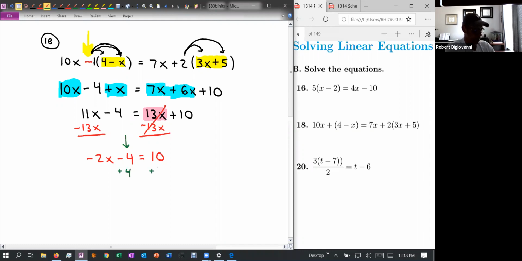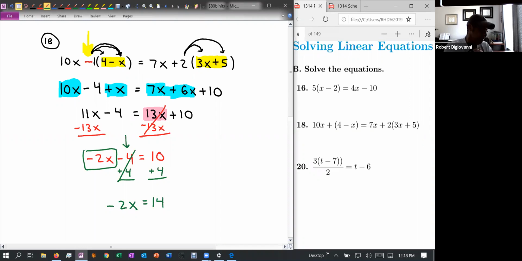What we do to one side, we do the other, right? The whole idea here is to try and eliminate everything that's on the left-hand side so that all we're left with is the stuff that had x. What's still on my right-hand side? Just add those, right? 10 plus 4, 14.